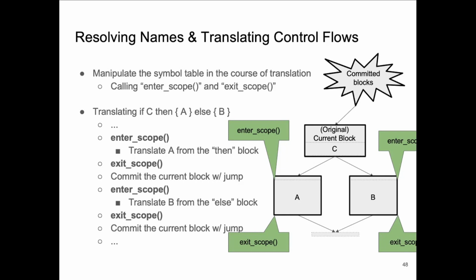In this way, you can make sure that A and B have their own scope, and all the declarations that were declared in A and B are forgotten at the end of the block. That's the purpose of enter scope and exit scope, or in other words, the purpose of creating and deleting a layer inside the symbol table.